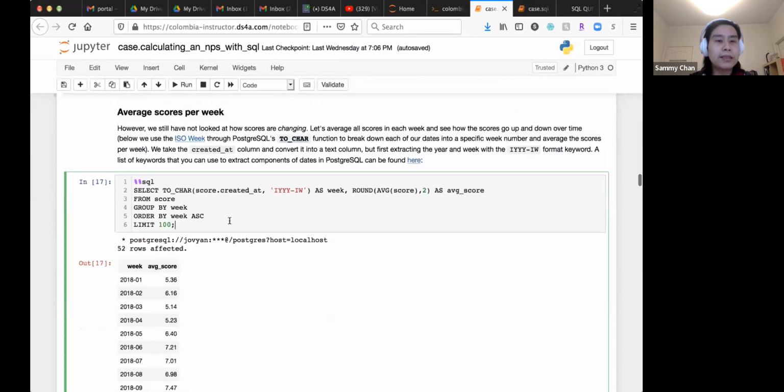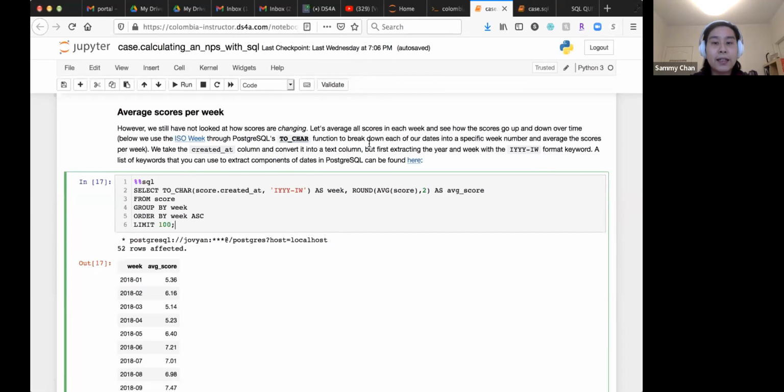The next exercise that we want to do is look at the average scores per week. It's very important for us to keep track of how the score is changes along the time. In Postgres SQL, there is a special function called toChar, or toCharacter.